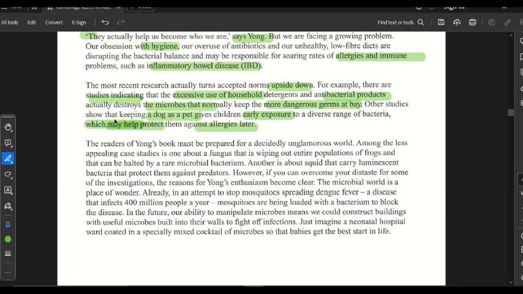Other studies show that keeping a dog or a pet gives children early exposure to a diverse range of bacteria. If you say something is a diverse range of, it means a lot of different variety of bacteria. You get it? So children are being exposed to a different variety of bacteria.